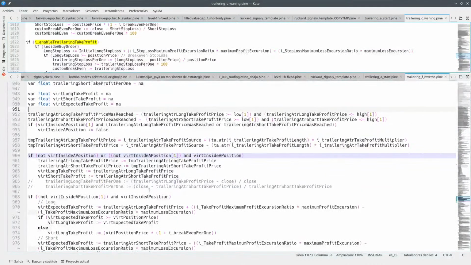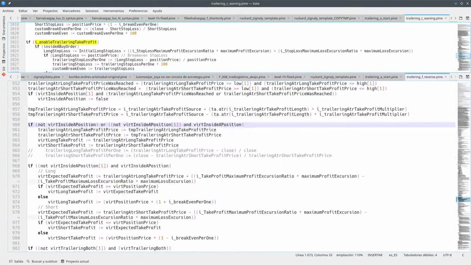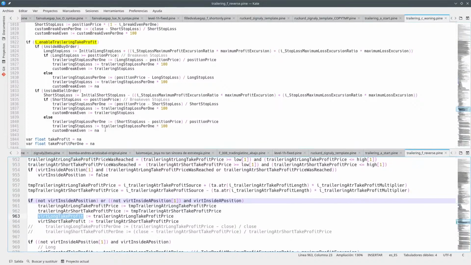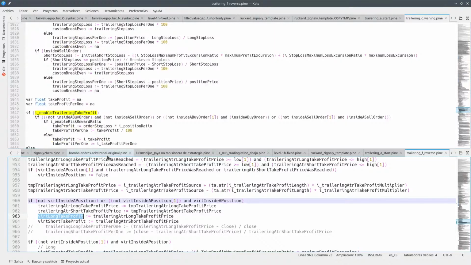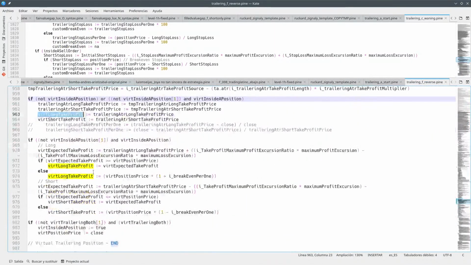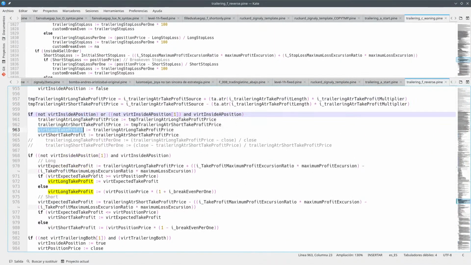Okay, so let's fix this properly. So this is where we get this trailing stop loss in the end. So yeah, okay, let me check.